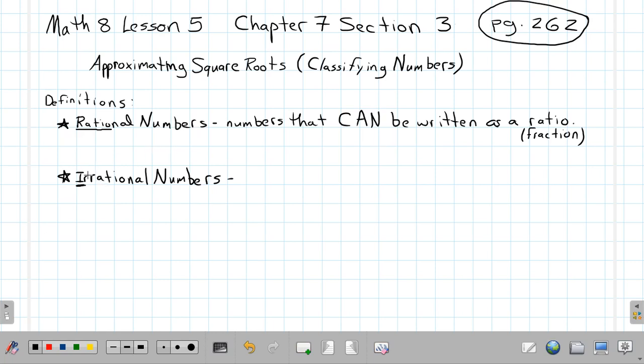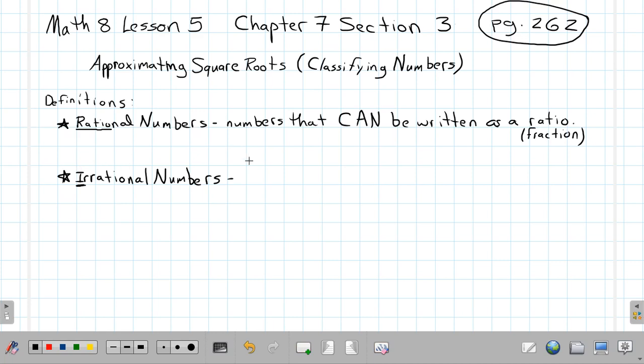Just so everybody's on the same page, the prefix I-R in a word means not. So if somebody's irresponsible, that means they are not responsible. If somebody's being irrational, they're not being rational. It's the same thing here. Irrational literally means not rational, okay? So irrational numbers are the opposite of what rational numbers are.